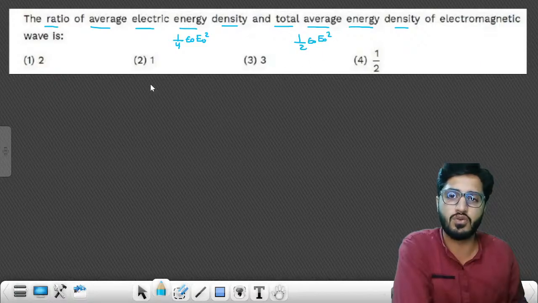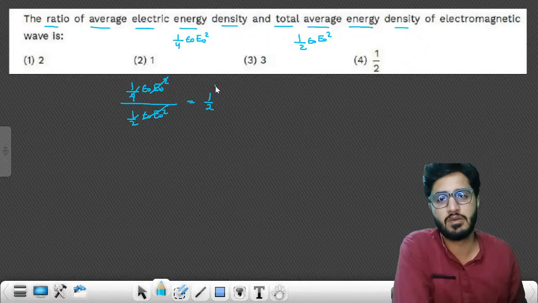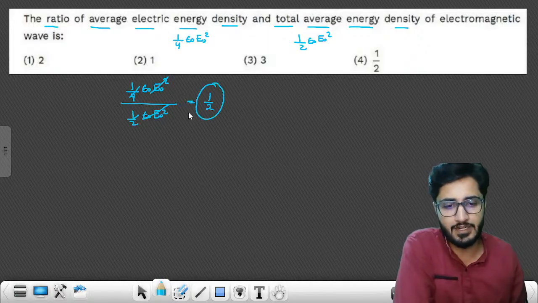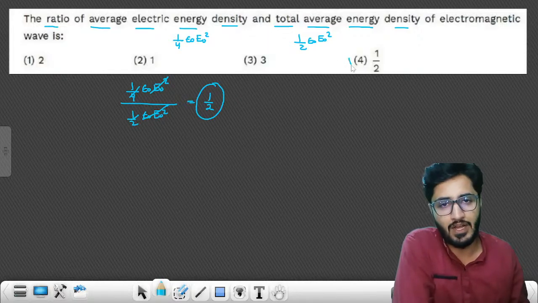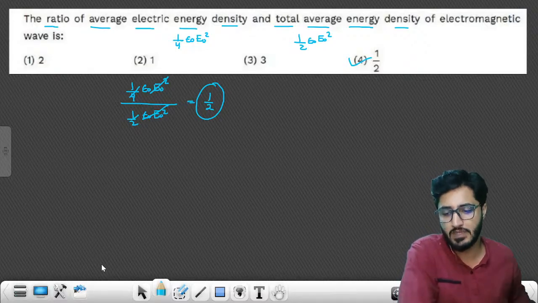Taking the ratio, it is 1 by 4 epsilon naught E naught square divided by 1 by 2 epsilon naught E naught square. Cancel out, so my answer is 1 by 2. Done? Option number 4 is correct. Super easy.